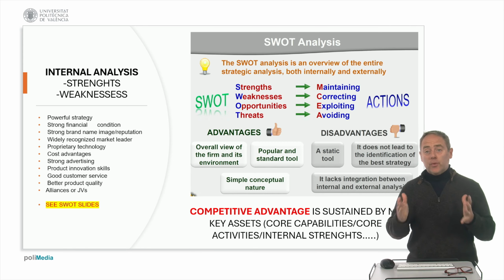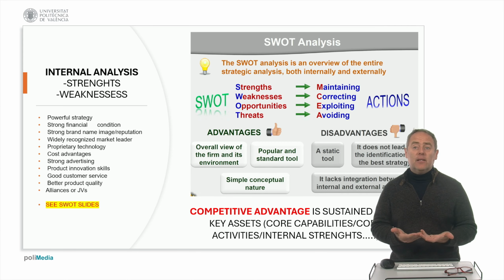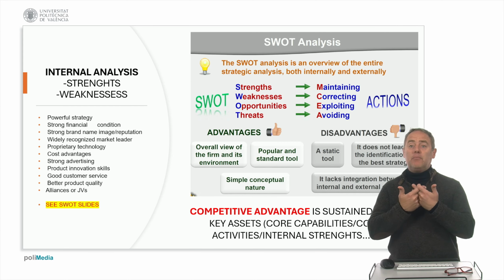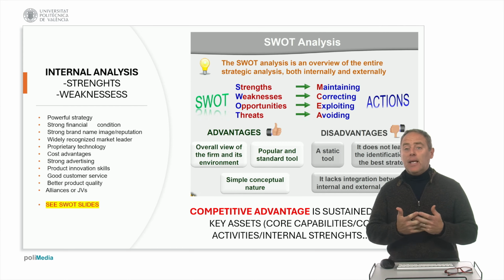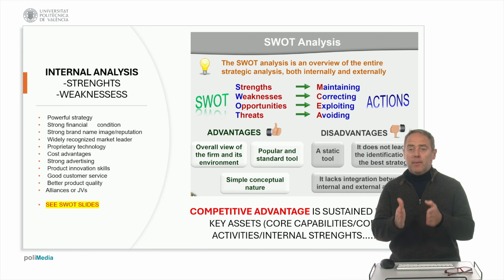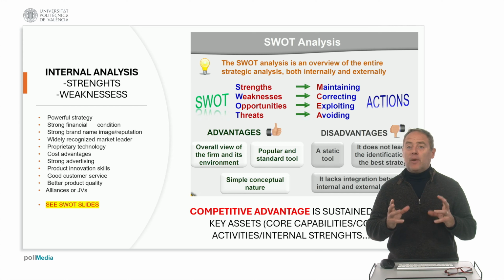So we have these three frameworks, these three lenses to understand the internal side of the company. So analyzing a firm's internal capabilities or internal activities can be done from these three frameworks: activities, capabilities, SWOT with the strengths, but we are talking about the same.